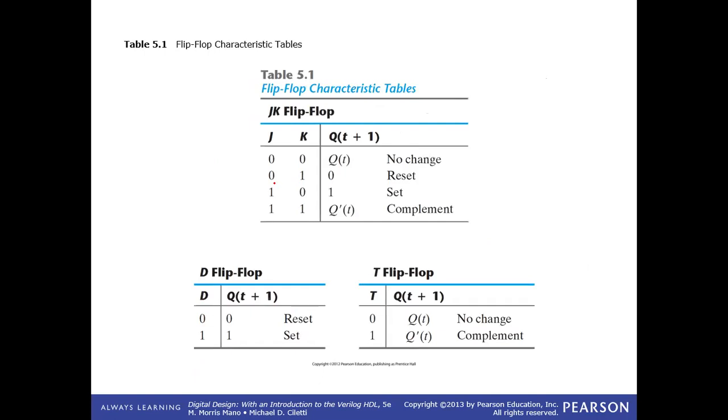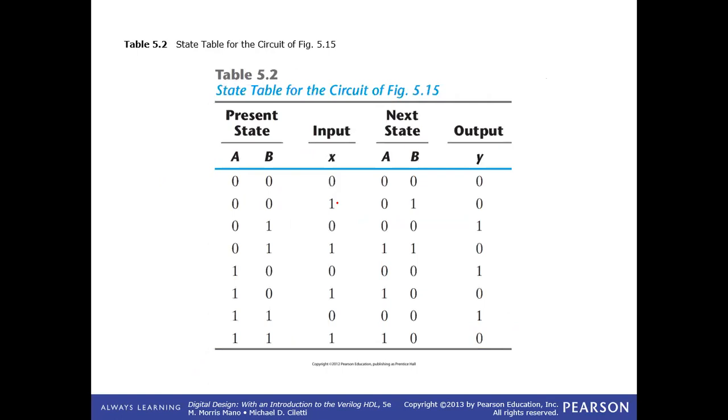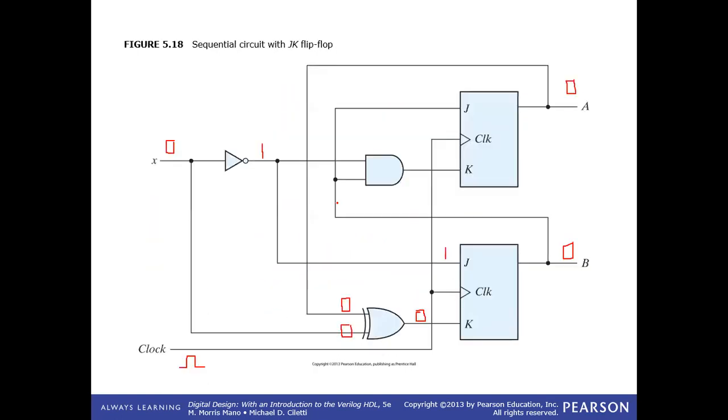So we have J is equal to 0 and K is equal to 1. What's going to be the output? Sir, J was 1 and K was 0. J1 and K0, very good. So we are going to have Q equal to 1. So this means that in this case, B is going to be equal to 1. This 1 is the next state of B.